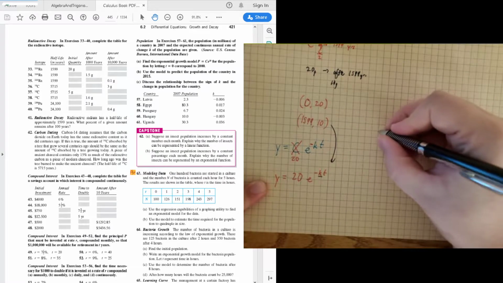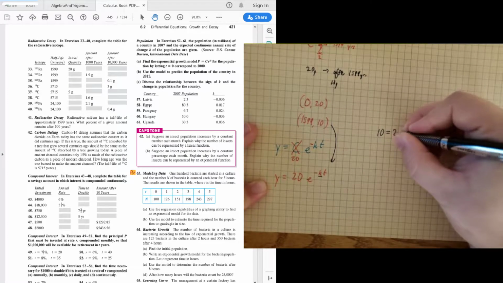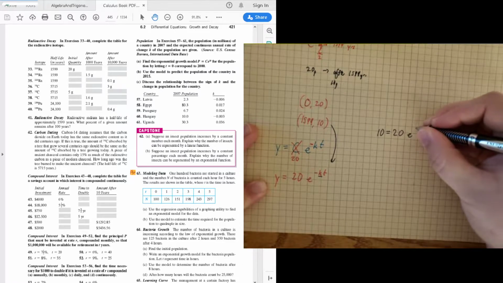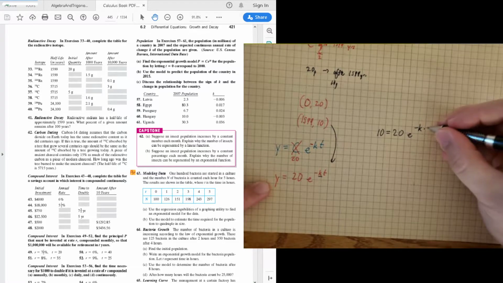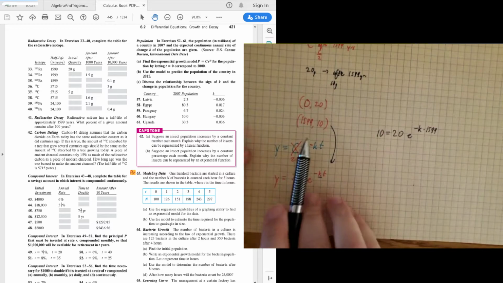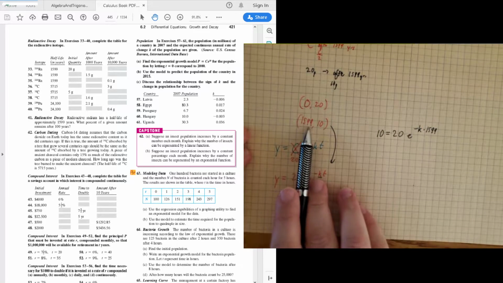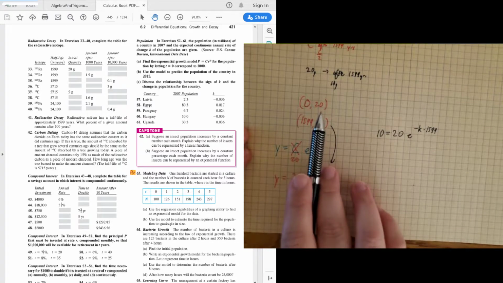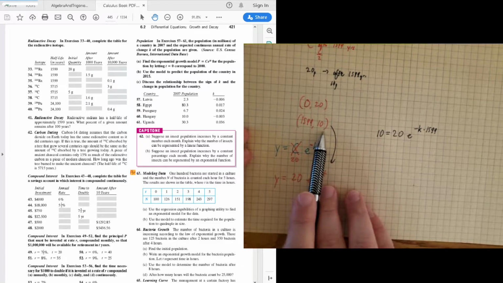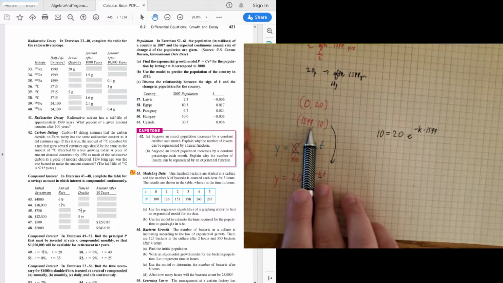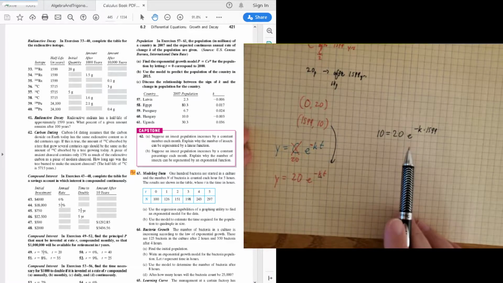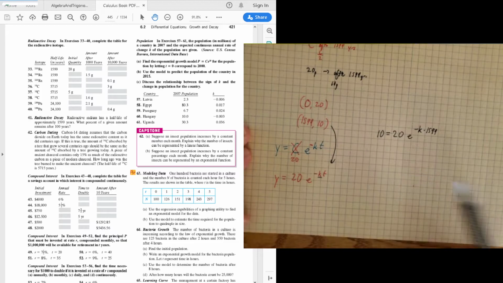My y value should be 10, negative k, and my t is supposed to be my half-life here, which is 1599. So notice how I use the given information that I have a half-life of 1599, meaning that I will start at 20 and get halfway through that 20, from 20 to 10, in 1599 years. I use that to plug into my formula, which now gives me a formula that has just k in it. Now this becomes an algebra problem.